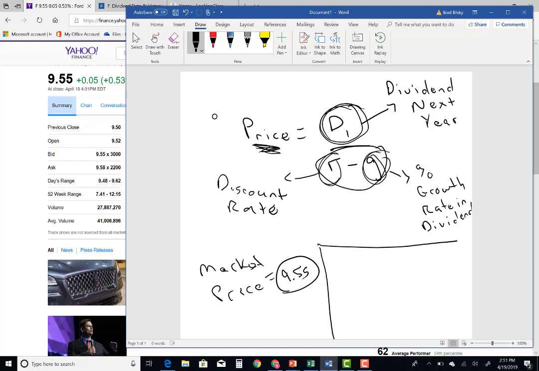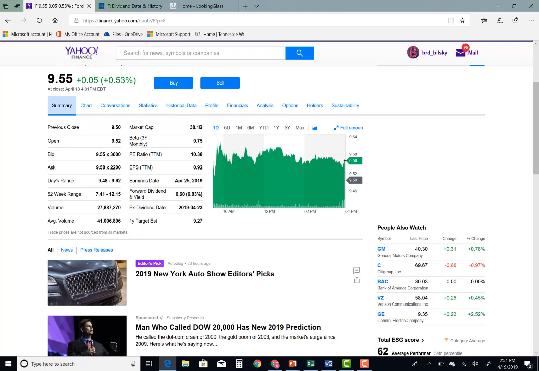Well, we know D1, the dividend next year. We got that from Yahoo Finance, so we're relying on what they're telling us. If we were professional analysts, we'd actually go out and do a lot more work to come up with these numbers on our own, but we're relying on this information from the internet.